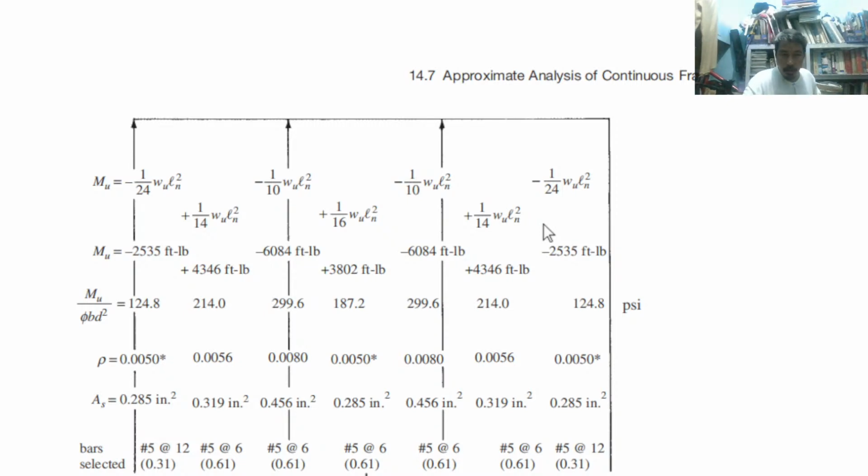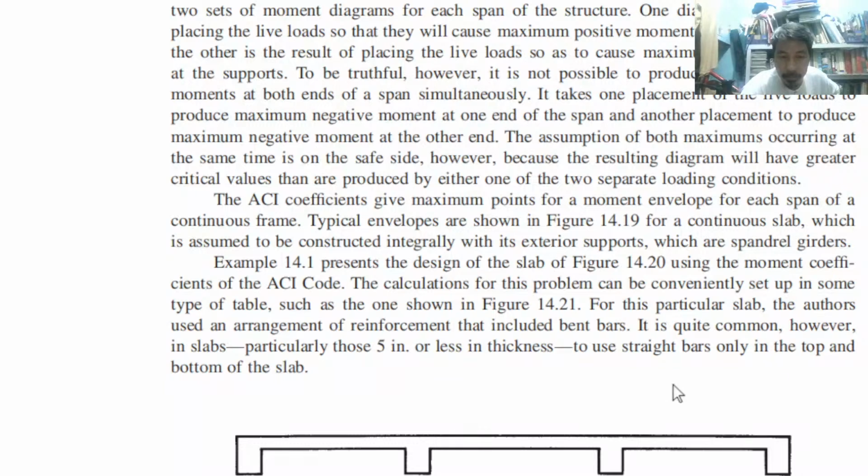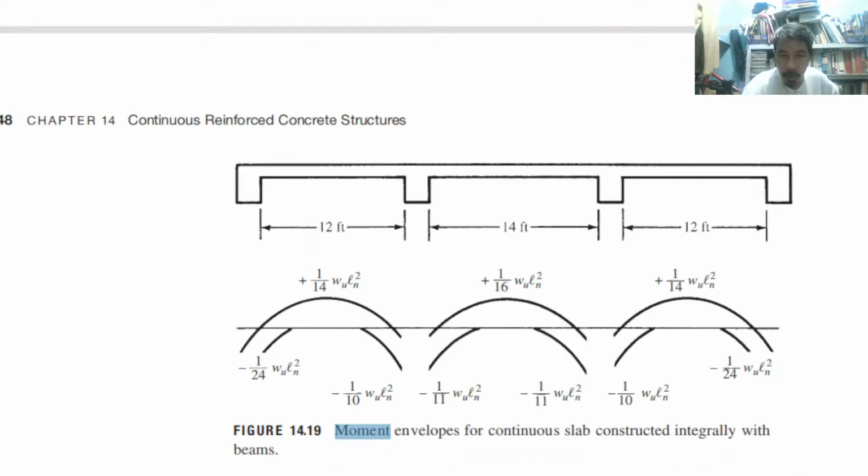So next, let's go to the negative. Okay. So the negative, we have again this side and this side. So this side is others. This is the exterior face of the first interior support. No. Interior face of the first interior support. That is 1/11.